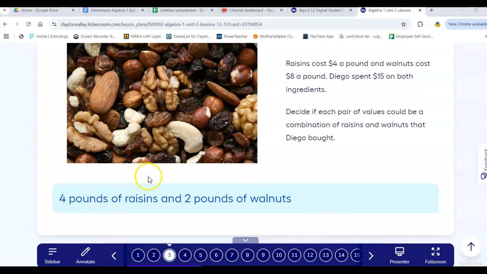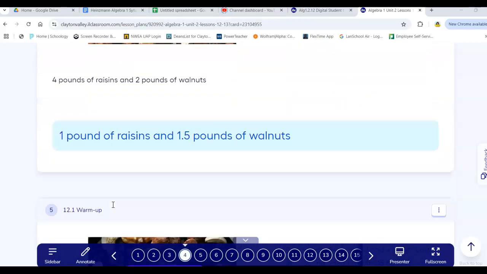So you know that this is not a solution, because if you've got more than the money he spent on raisins, you absolutely could not also buy 2 pounds of walnuts. Right? So this is very straightforward. So we're going to move to the actual activity.